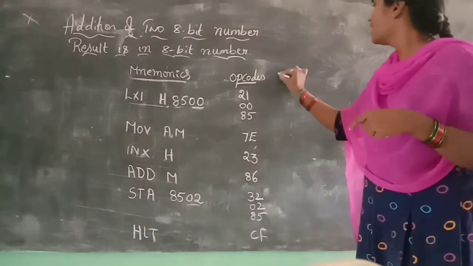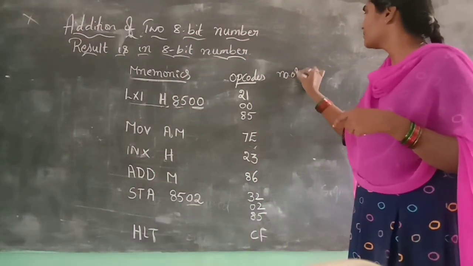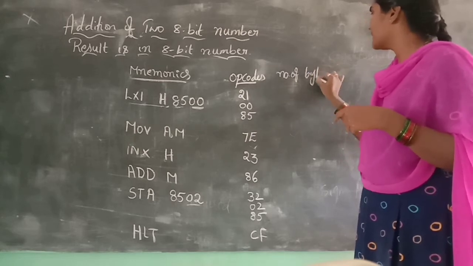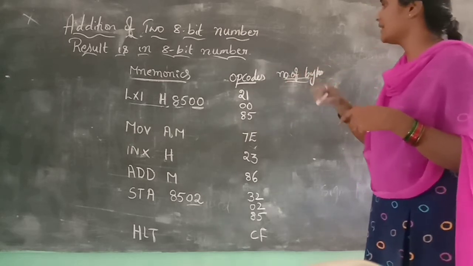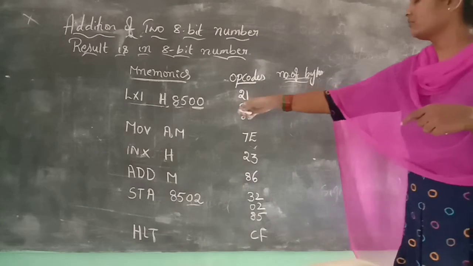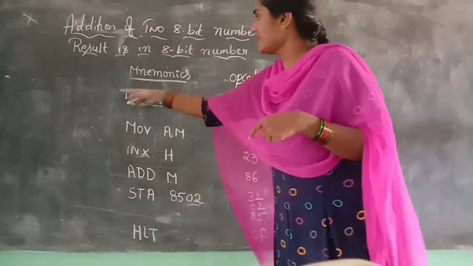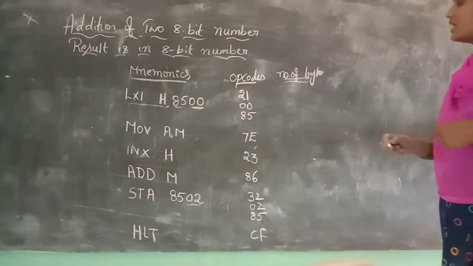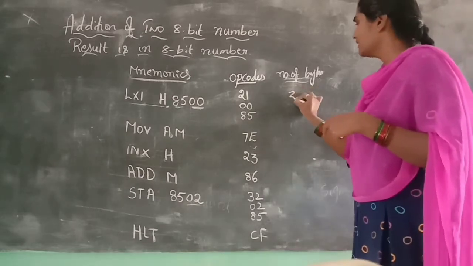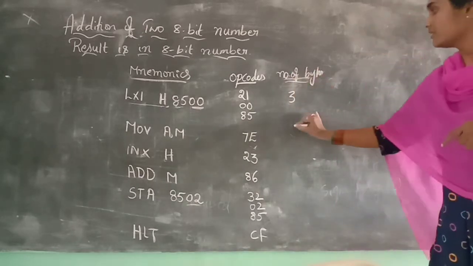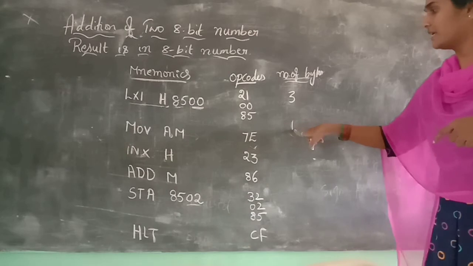After filling the opcodes, we write the number of bytes. For the LXI H 8500 instruction, how many bytes are used? 3 bytes. Next, move A comma M, 7E: only 1 byte.